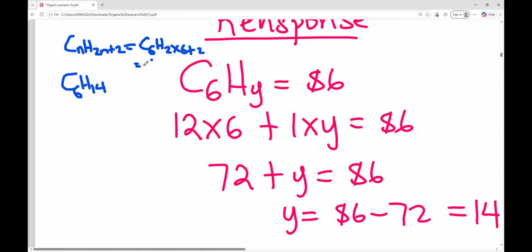So this gives C6, what is 2 times 6? That is 12, 12 plus 2 is 14. So this is C6H14, meaning that this compound is an alkane.